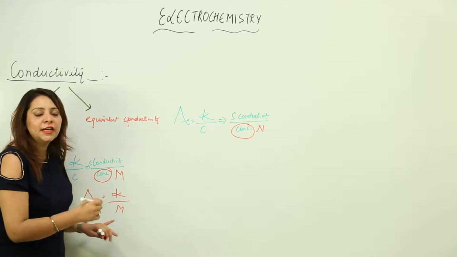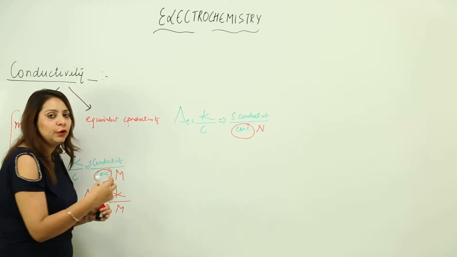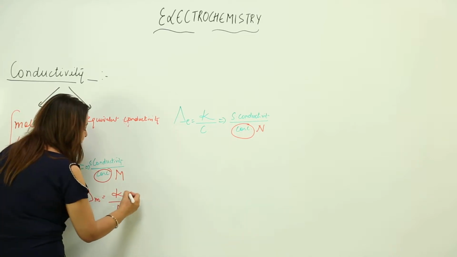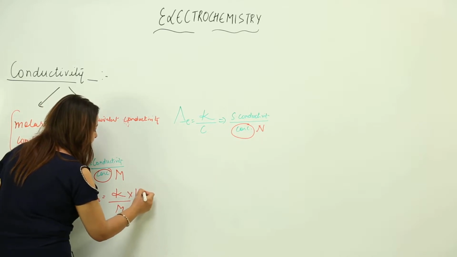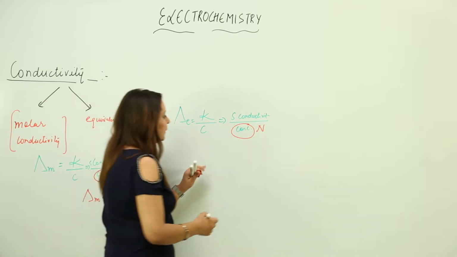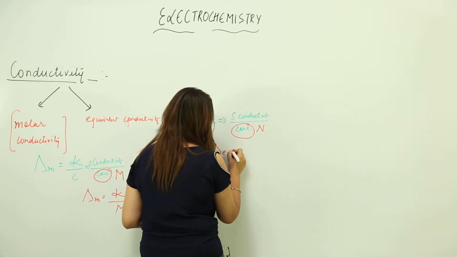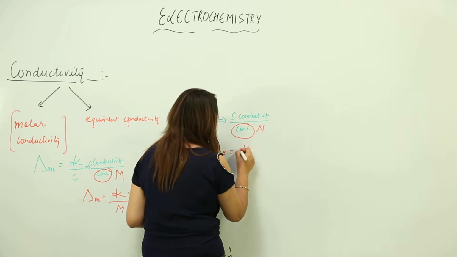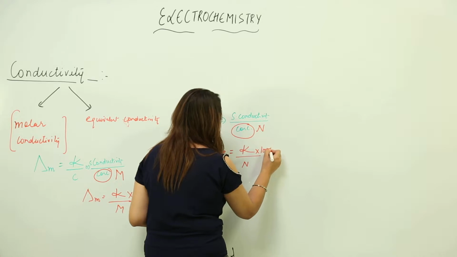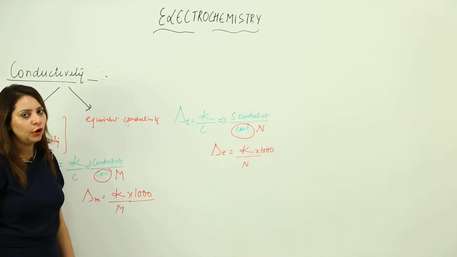And if we change the unit of the volume from liter to centimeter cube, you may write the equation as kappa into 1000 upon molarity. In the same way, lambda E is equal to kappa upon normality. Again we are changing the units of volume here, so you can also write kappa into 1000 upon normality.